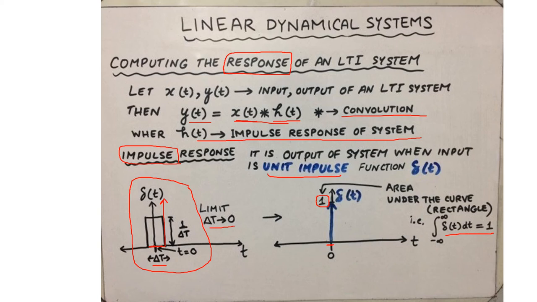So the impulse response of the system is the output of the system when the input is unit impulse, represented by delta t or the delta function. So if we know the output of the system when the input is unit impulse, then we can calculate the output of the system for any input x of t using this convolution.